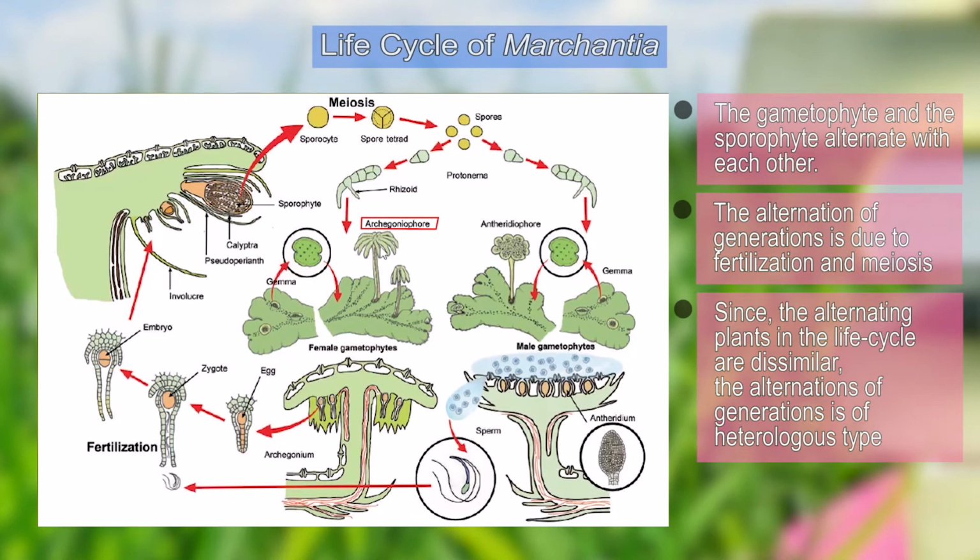The archegonia are borne at the top of one gametophore, and the antheridia are borne at the top of another. The gametophore containing the antheridia is the antheridiophore, and the gametophore containing the archegonia is the archegoniophore.